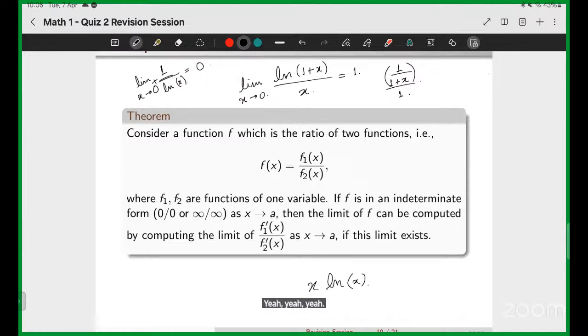Yeah, that is the Taylor series of log. So if you want extra reading, you can do it using Taylor series.